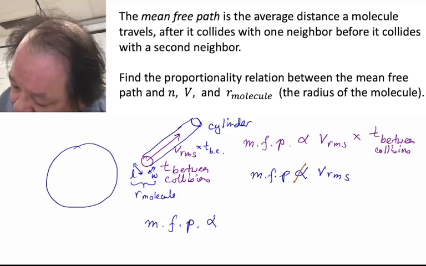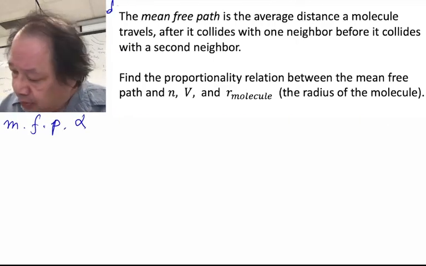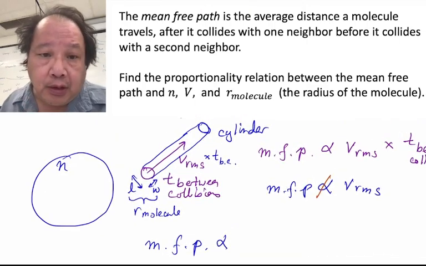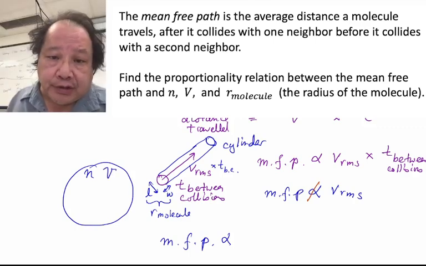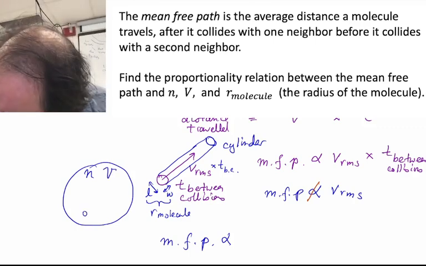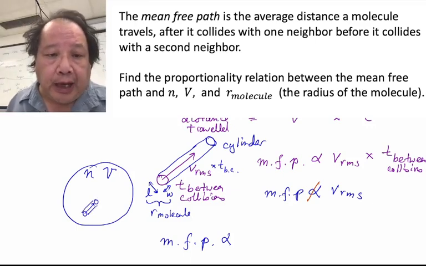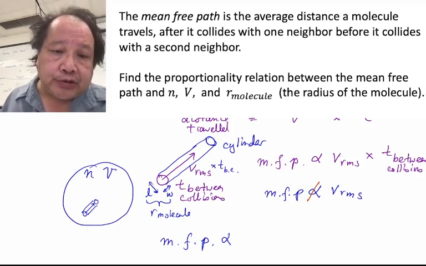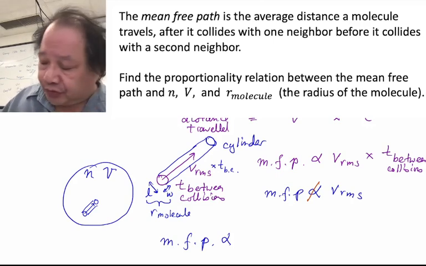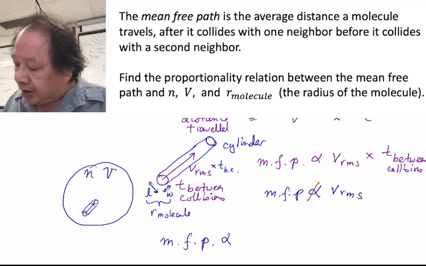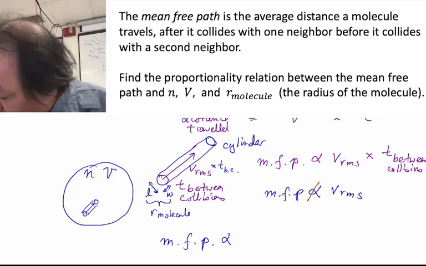Here's our flask. N is the number of molecules in the flask, and V is the volume of the flask. And here is our little molecule with its cylinder being traced out inside the flask. And doubling the number of molecules in the flask makes the cylinder smaller in volume by a factor of 2, and therefore the number of molecules is inversely proportional to mean free path.